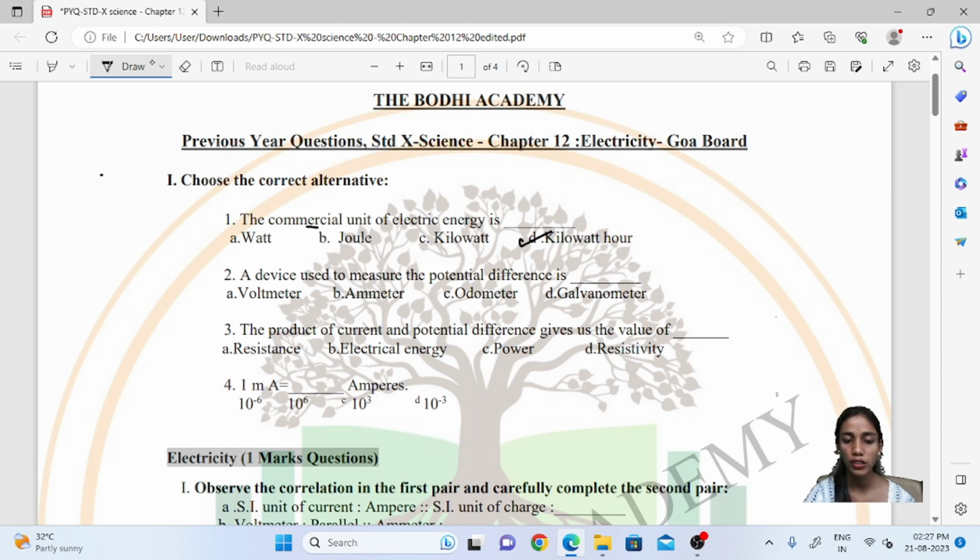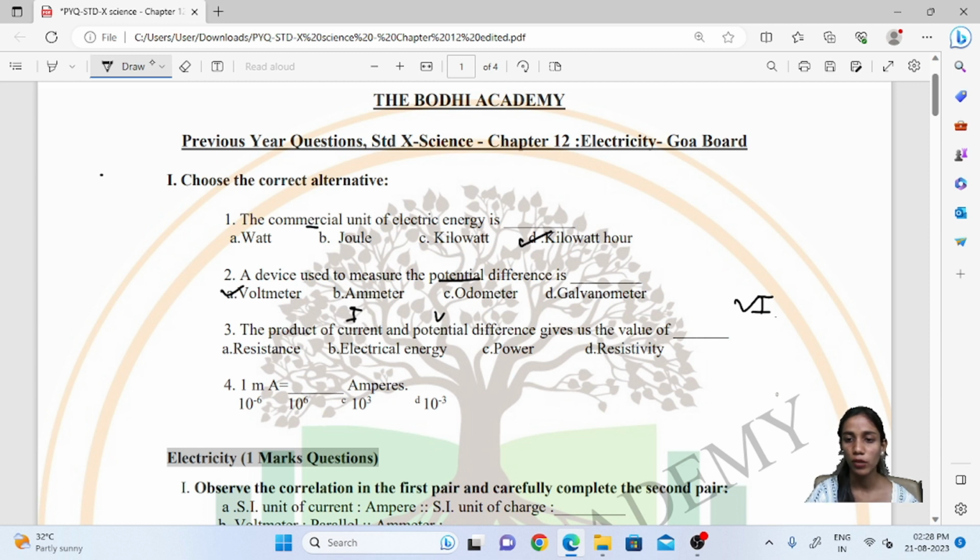The next question is a device used to measure the potential difference. Is it the voltmeter, the ammeter, odometer or galvanometer? We know that for potential difference it is the voltmeter, and for current it will be the ammeter. Okay. The next question over here is the product of current and potential difference gives us the value of dash. Now, potential difference and current, this product.